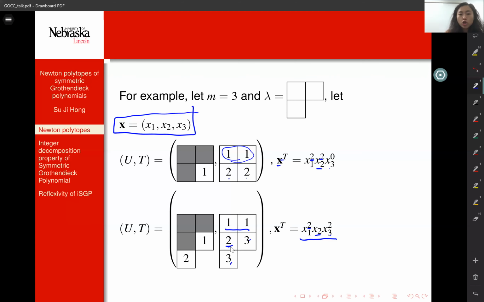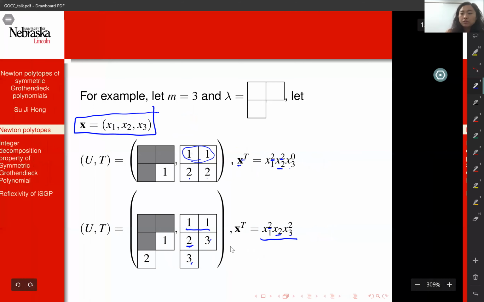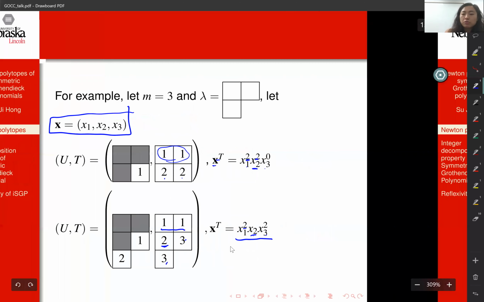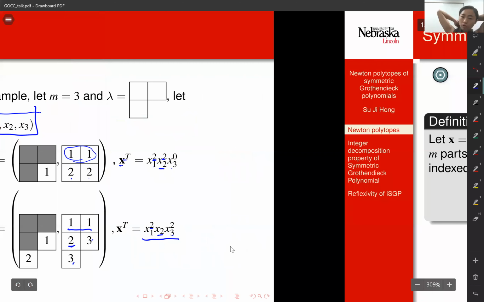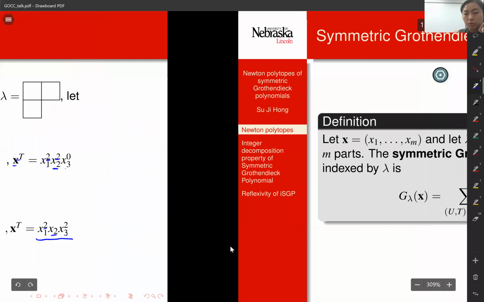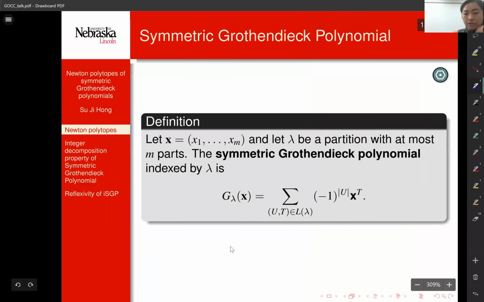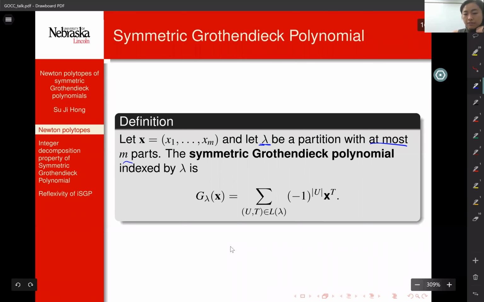Okay. So given this, we can now define the symmetric Grothendieck polynomial. A symmetric Grothendieck polynomial of lambda, with at most n parts, is given by looking at all possible pairs and then multiplying x to the t by -1 to the power of the absolute value of u.